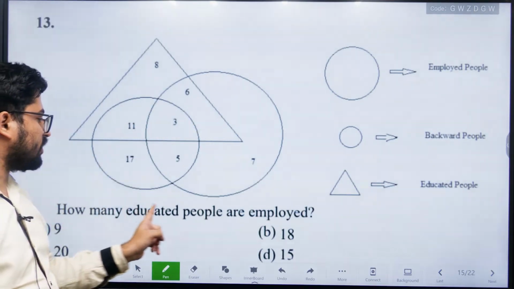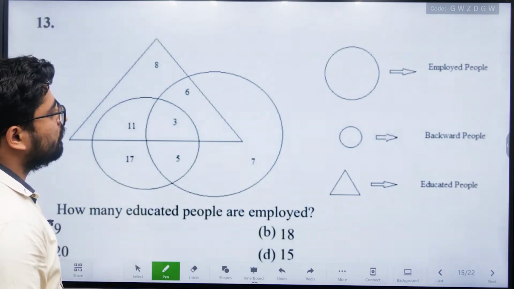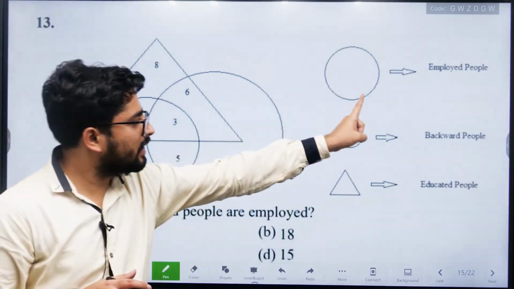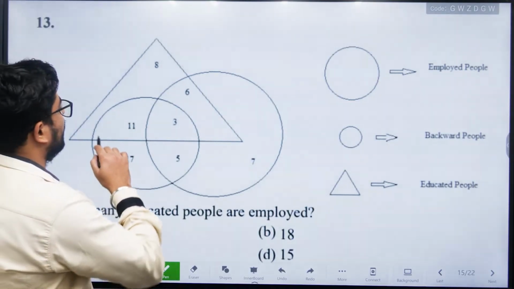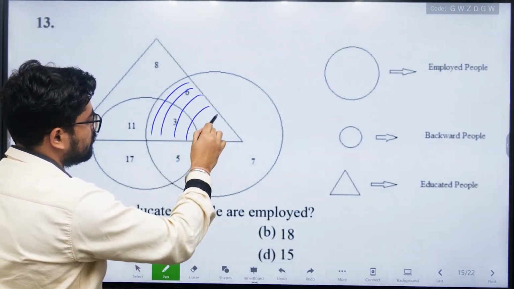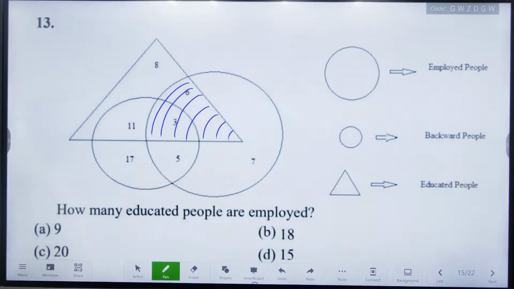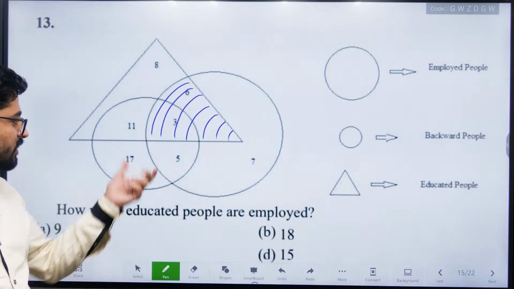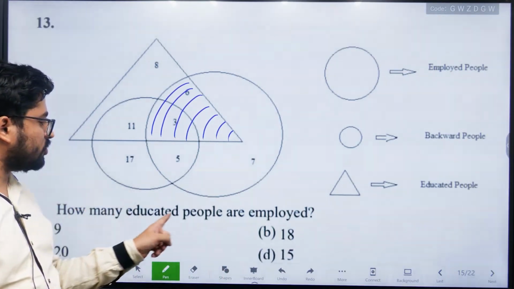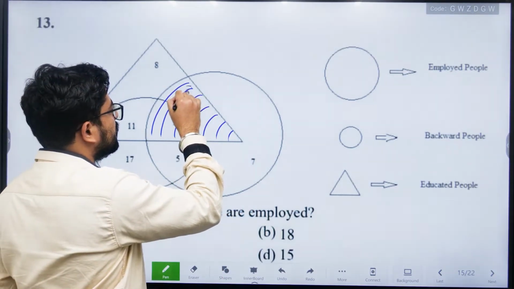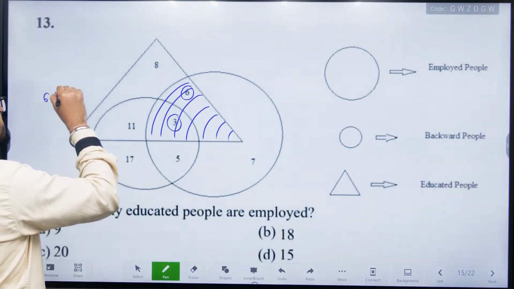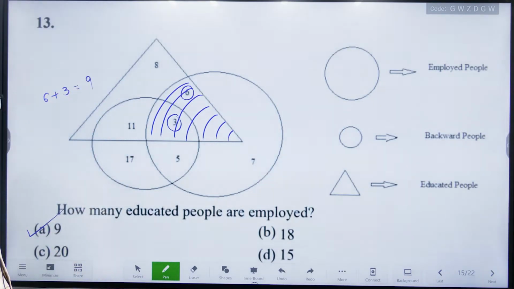You have to find how many educated people are employed. So find the common area of the bigger circle and the triangle. The common portion is this one, with educated and employed people. So 6 plus 3 is 9. So A is the answer.